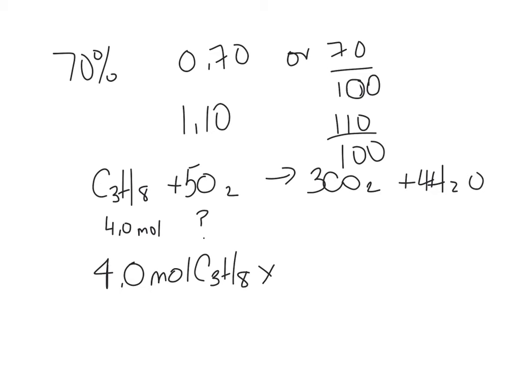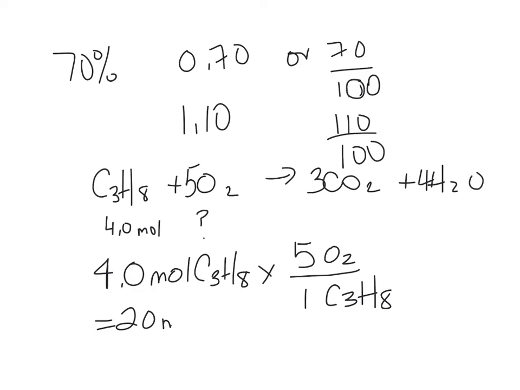How do you convert between moles of substance A and moles of substance B? Mole ratio. Yeah, I'm going to use your mole ratio, 5 oxygens to 1 propane. So how many moles of oxygen would 4 moles be? 20 moles. So that's 20 moles, but we want to ensure this reaction goes, so we want to make sure we've got 10% extra.